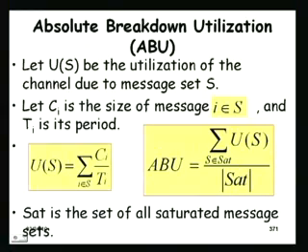So, there can be various situations in which there can be a saturation of the messages, right. All those situations form the SAT set, and this is the cardinality of the SAT set, and sigma US is the sum of the utilization due to all the sets of messages in SAT. SAT is all the saturated message sets.